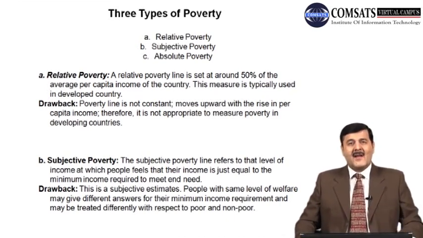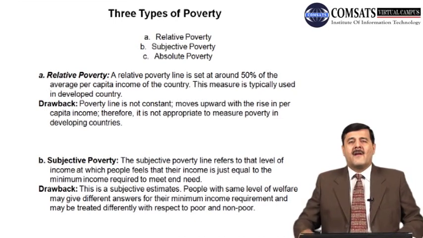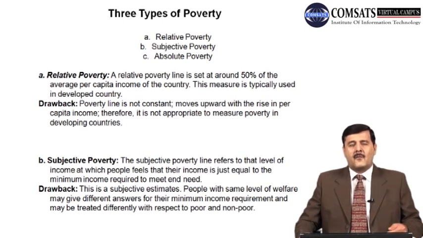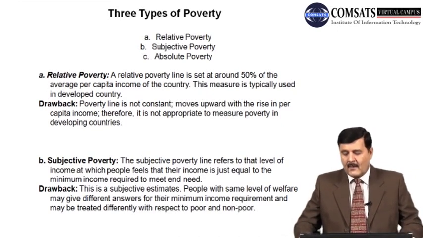People with the same level of welfare may give different answers for their minimum requirements and may be treated differently with respect to poor and non-poor. So लोग जो हैं they will give us different requirements of the income which is required to meet their basic needs, basic necessities of life.